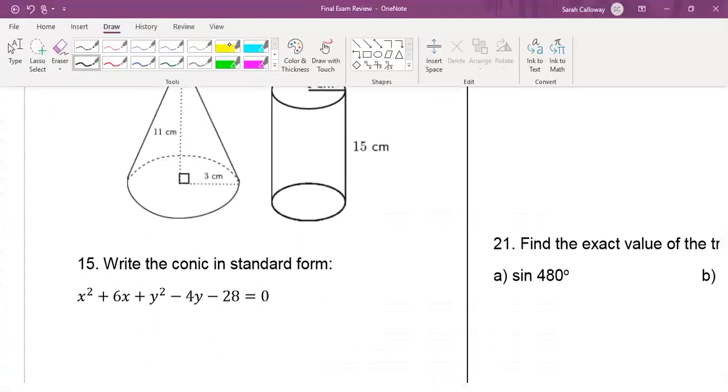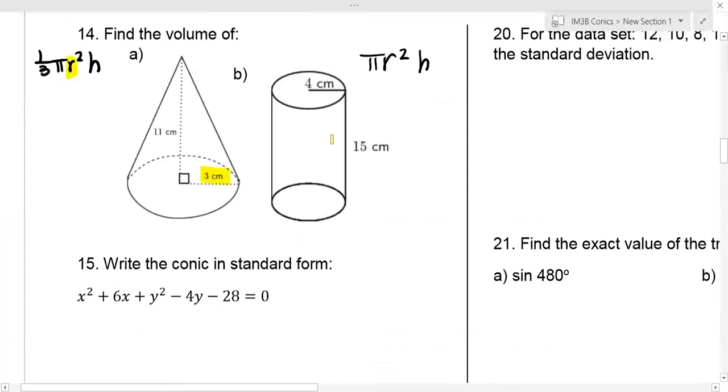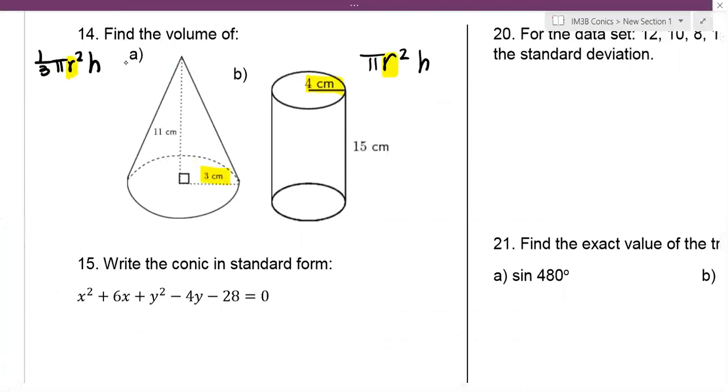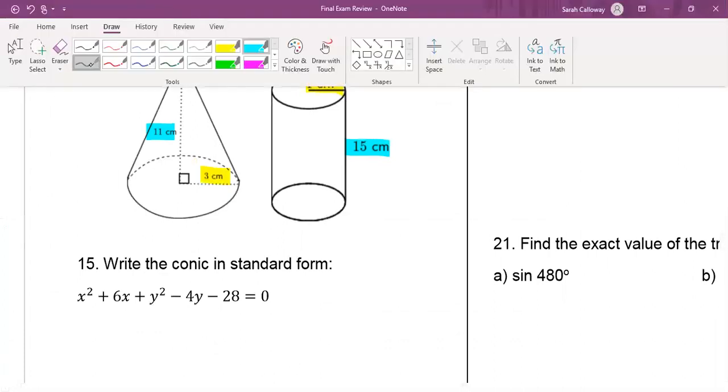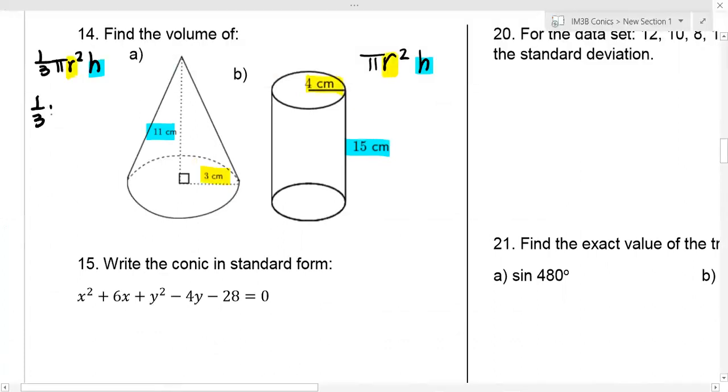So here our radius is 3 centimeters. Here our radius is 4 centimeters. And then on the cone, our height is 11 centimeters, and on the cylinder, our height is 15. So we're just plugging in those values and calculating. So 1/3 pi times 3 squared times 11.